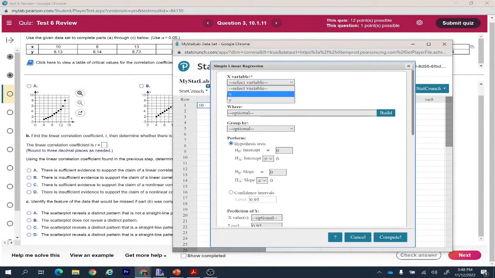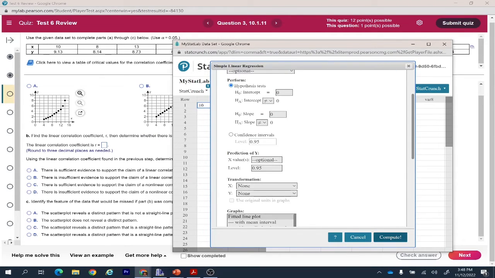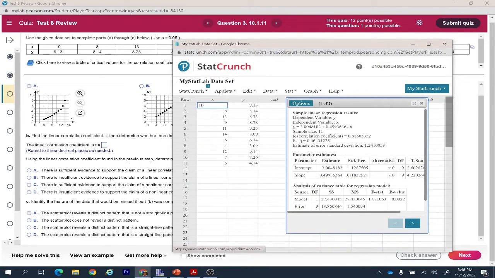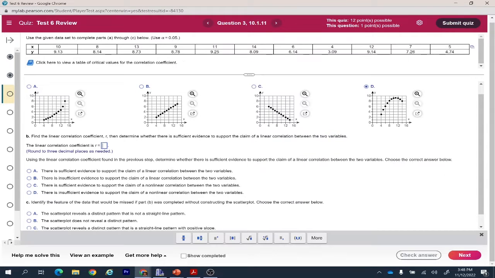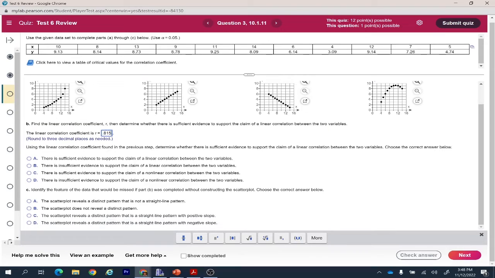Choose x for the x variable, y for the y variable, and then just hit Compute. This table is going to give you the correlation coefficient, which is 0.8150. If you round it to 3 decimal places, it's 0.815.